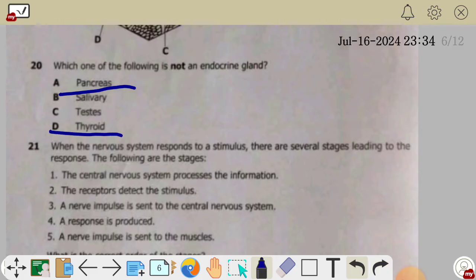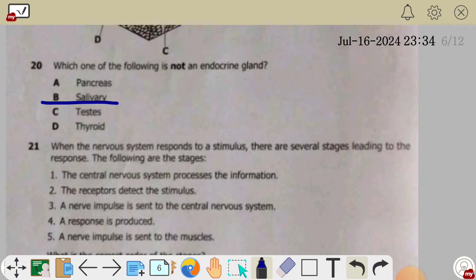The thyroid secretes thyroxine. The testes release the hormone testosterone. The pancreas is going to release insulin, which is a hormone, and glucagon. But the salivary gland releases enzymes, which are salivary amylase and mucin, which helps for easy swallowing of food.